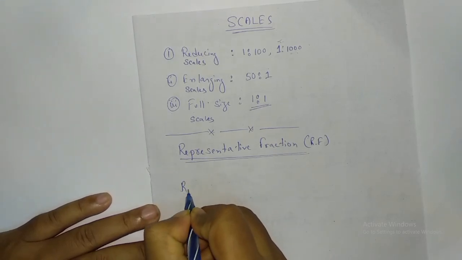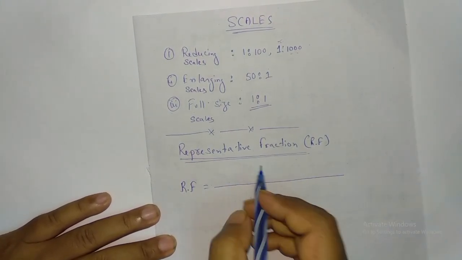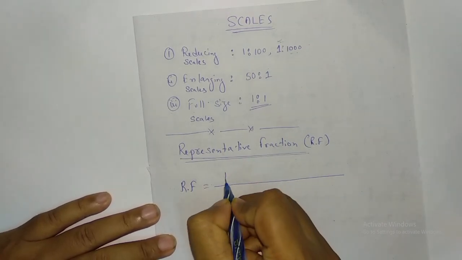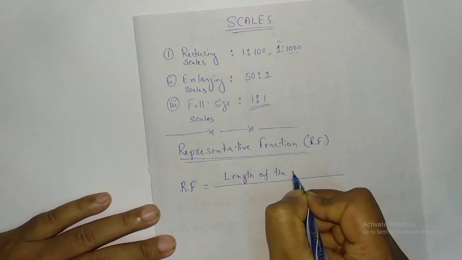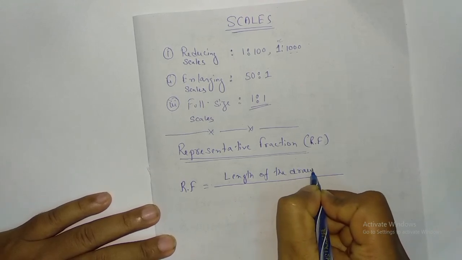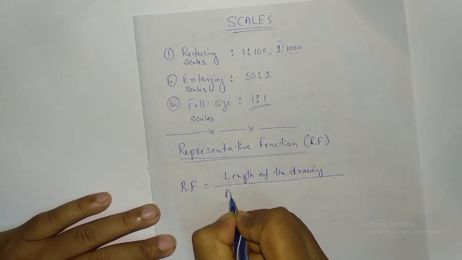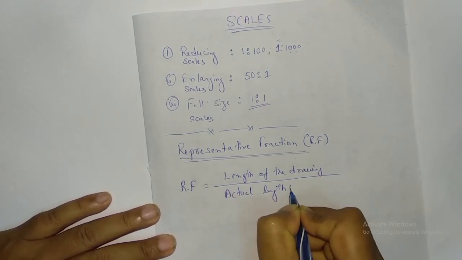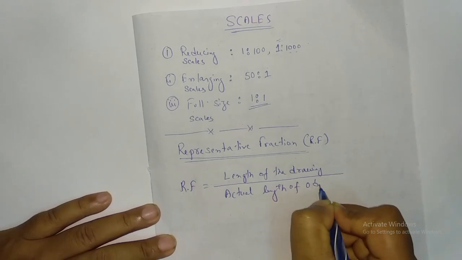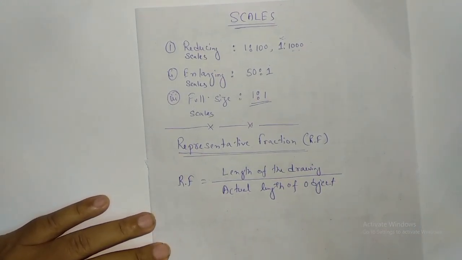Okay, so what is RF? Representative fraction is nothing but the ratio between the length of the drawing divided by the actual length of the object. So this is called representative fraction.